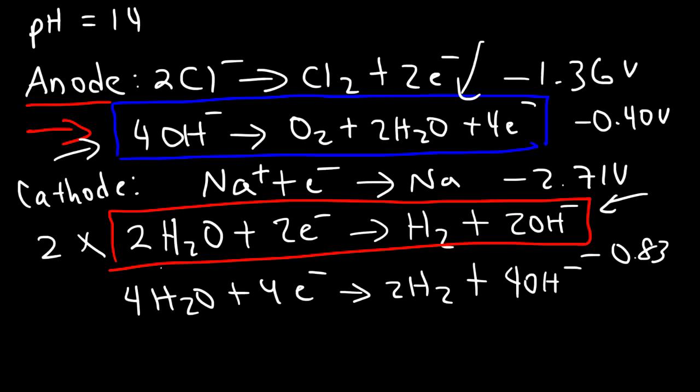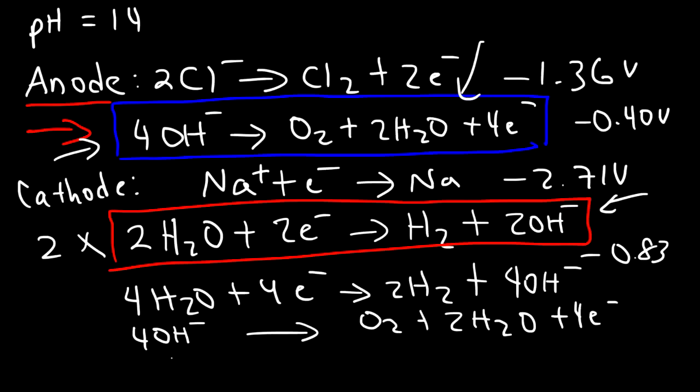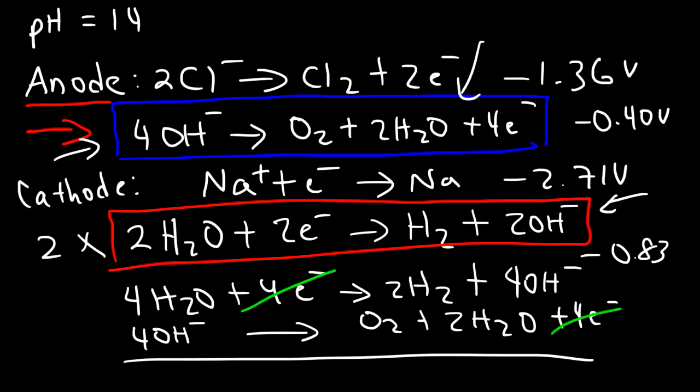Then if we add it with the anode reaction, we can get the net reaction for this process. The hydroxide ions cancel, and then we subtract both sides by 2 water molecules. On the left, we're going to have 2 H2O molecules. On the right, 2 hydrogen gas molecules and 1 oxygen molecule.